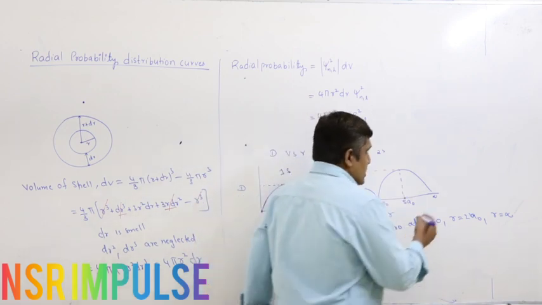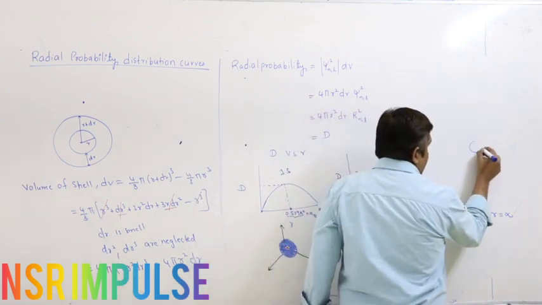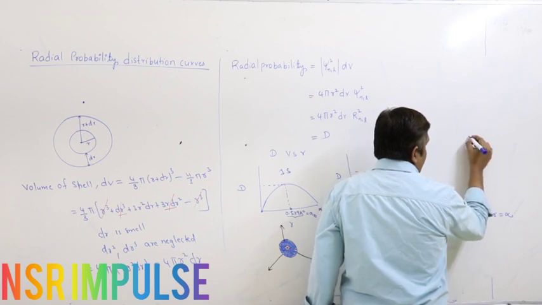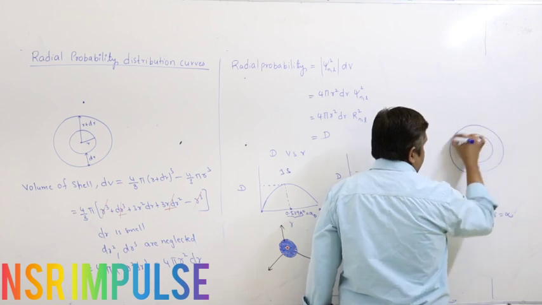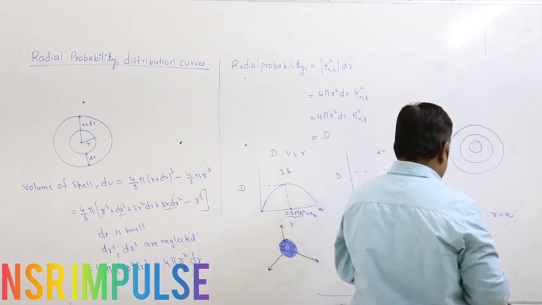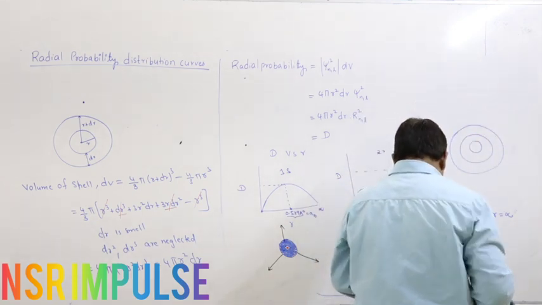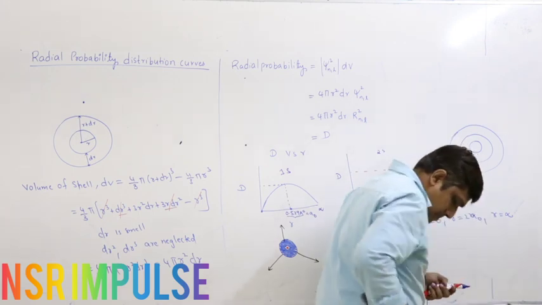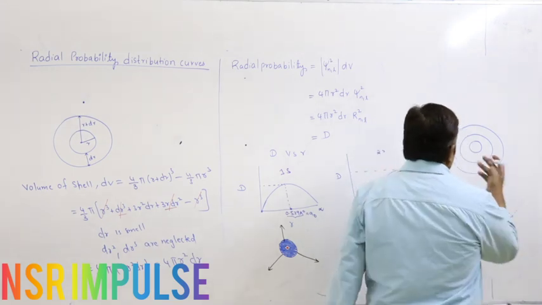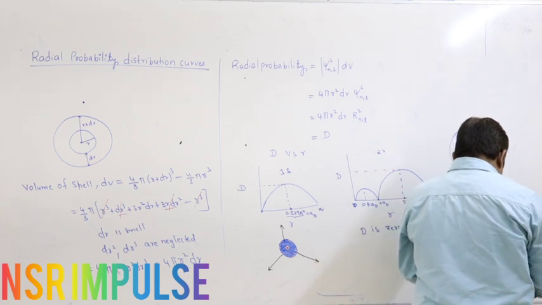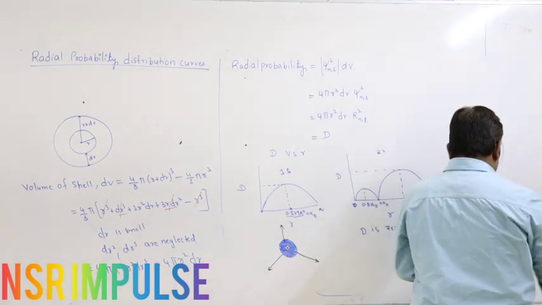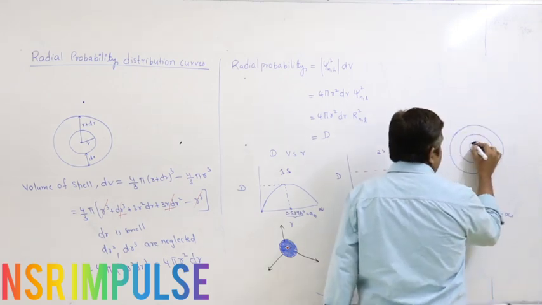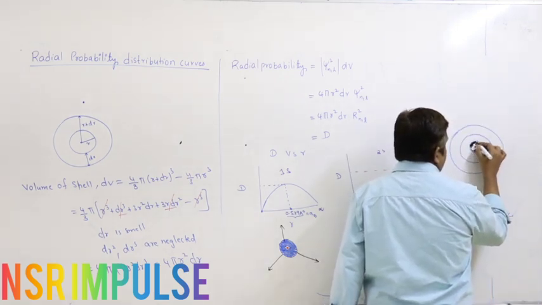So the meaning of this is, there are two concentric spheres. So the electron density is represented with this black color.